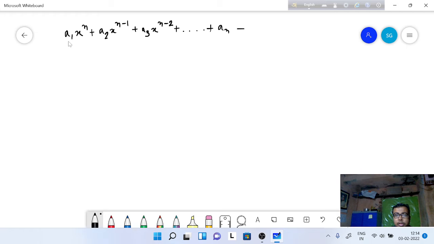Here x is the only variable, so we can say this is a one variable polynomial. And the most important point, that n must be whole numbers, that is 0, 1, 2, 3, 4 and so on.